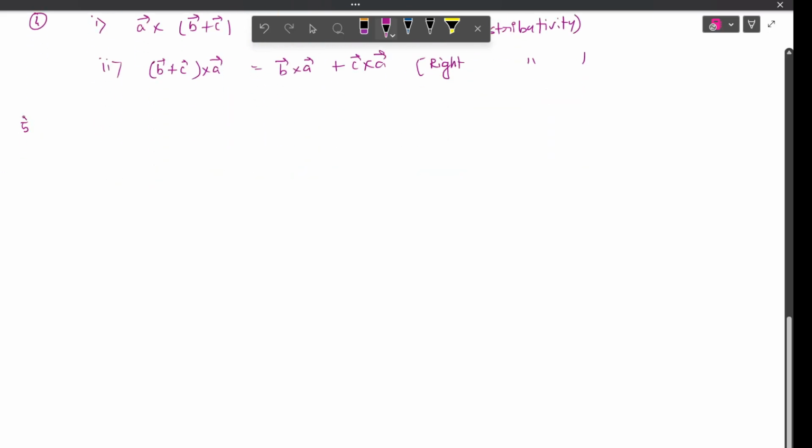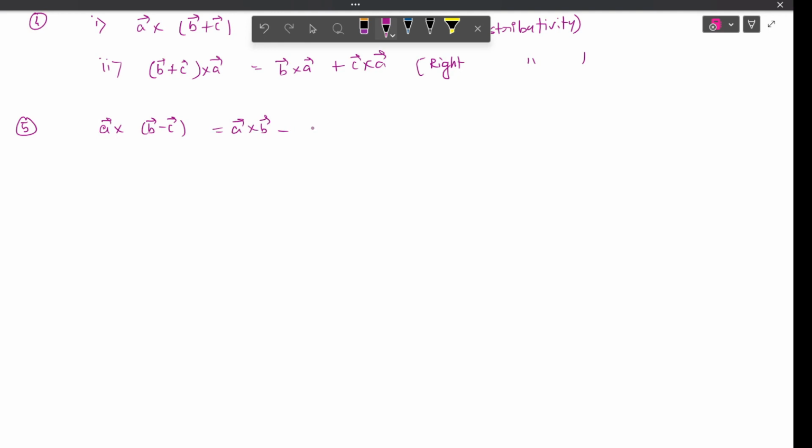Now our property number 5 is, if we have three vectors A, B, C, then A cross B minus C would be A cross B minus A cross C. Now property number 6 is, if A cross B is 0, that means A and B are parallel or anti-parallel, and this is implied by A being parallel to B. Those vectors are parallel vectors.